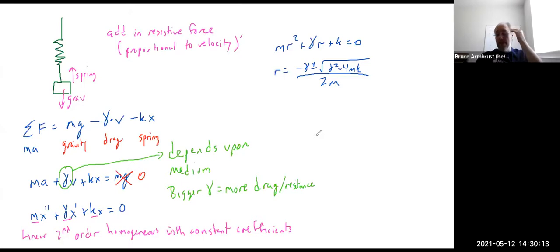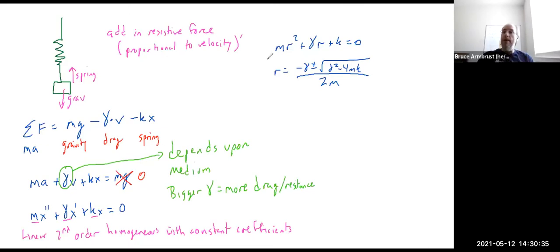What I want to do is think about the three different possibilities that can happen. Because as we've seen with anything of this form, one of three things happens. We either get two distinct real roots, we get one real root that's repeated, or we get two complex roots.